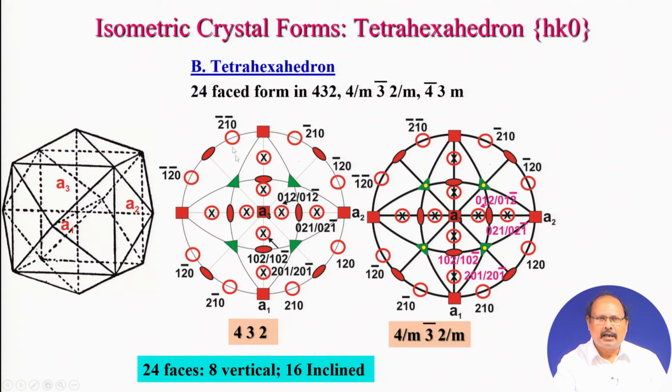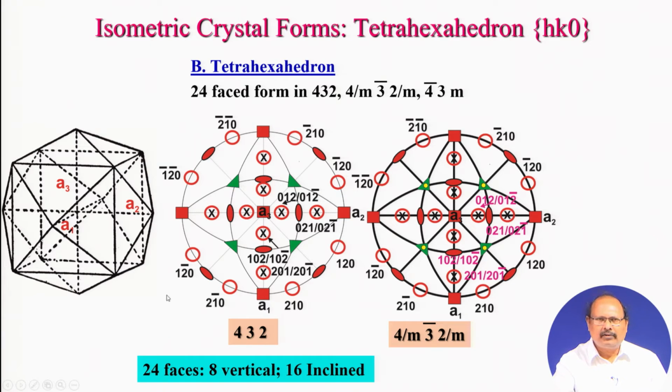In 4 3 2 there are 6 diads. This one and this one are the horizontal diads, so there are 2 horizontal 2-fold axes, and these 4 are the positions of 4 inclined diads or edge diagonals, and these green ones represent the 4 triads.